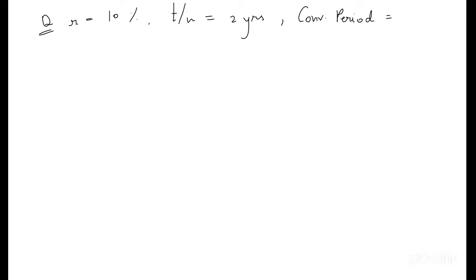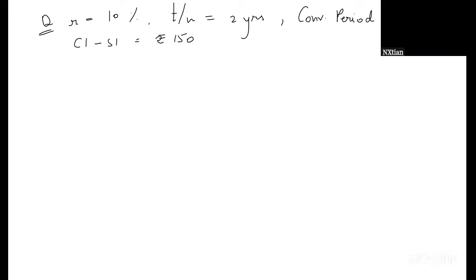Okay, this is yearly. And the difference between CI and SI, CI minus SI, is 150. And we have to calculate the principal. Principal we have to find out.